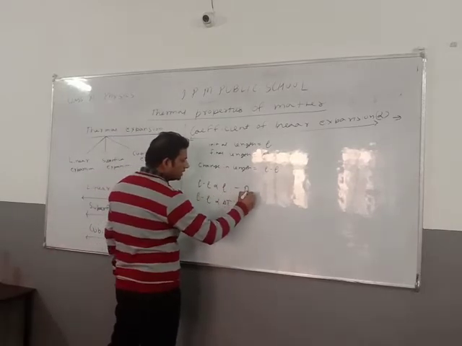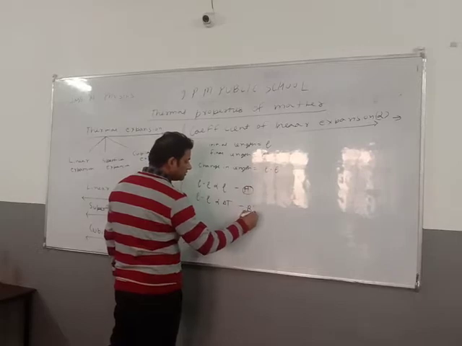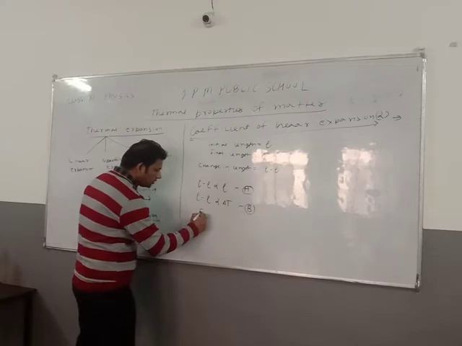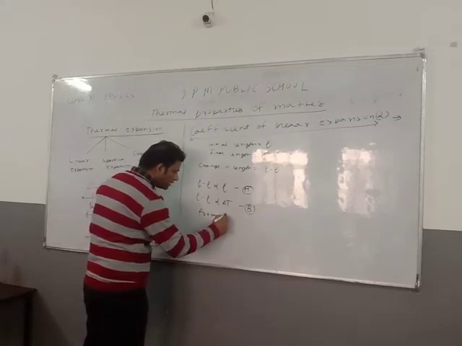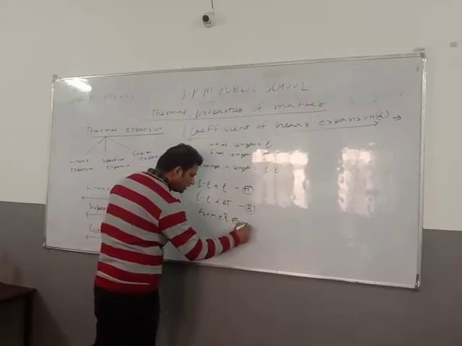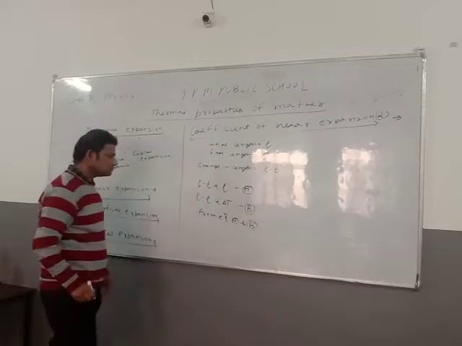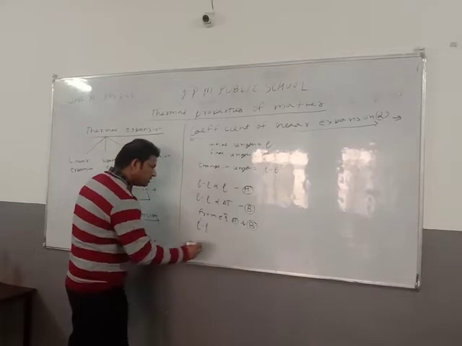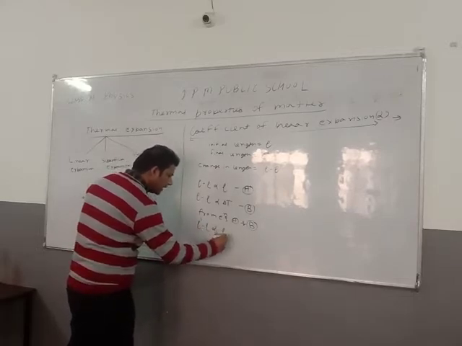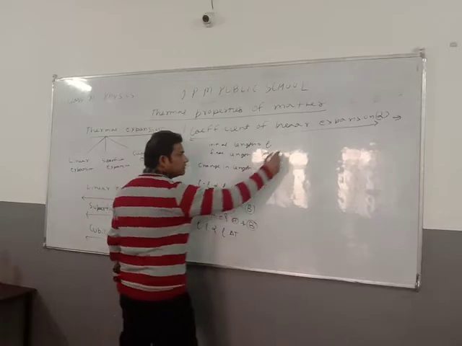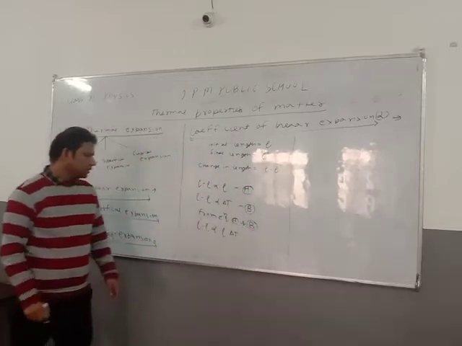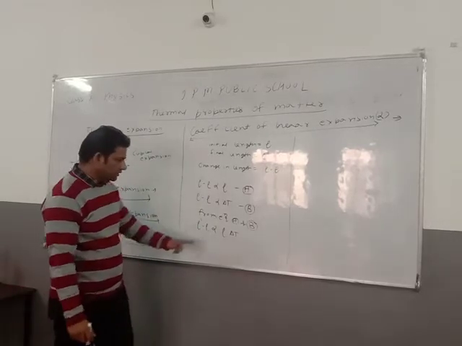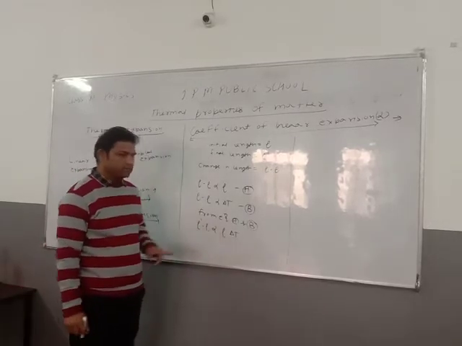This is equation A and this is equation B. So from equations A and B, L dash minus L is directly proportional to L delta T. It means if we use a longer rod, then expansion is more.